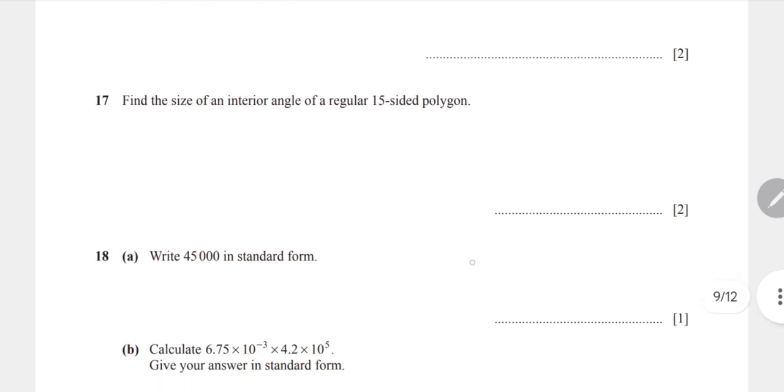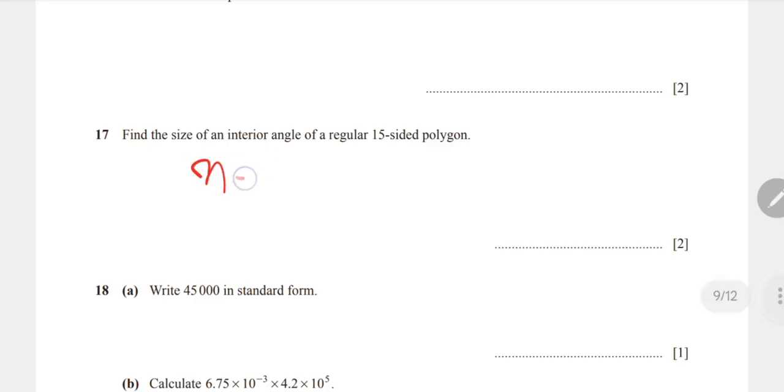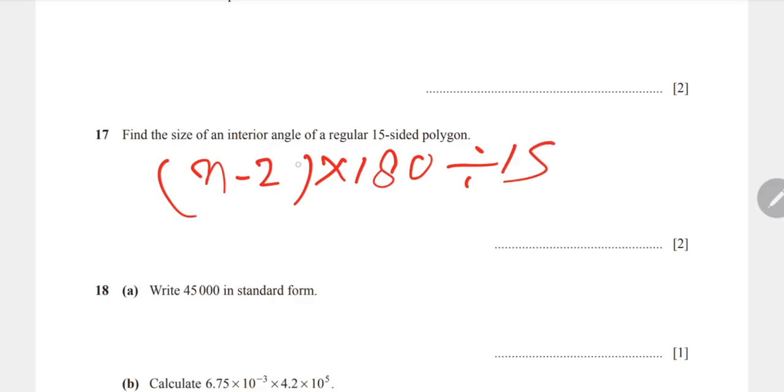So next question: find the size of the interior angle of a regular polygon of 15 sides. Okay, so we have a formula, (n minus 2) multiply 180 divide by 15.